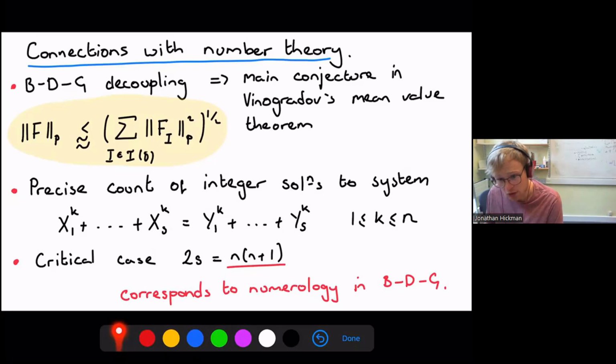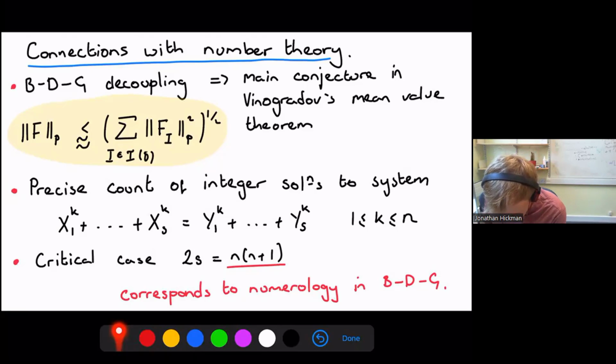It's perhaps of interest in its own right, but primarily the interest in this problem relates to Vinogradov's method for studying the Waring problem. And it turned out that understanding the precise count for the solutions to this system of equations was a major stumbling block in analytic number theory for many decades.